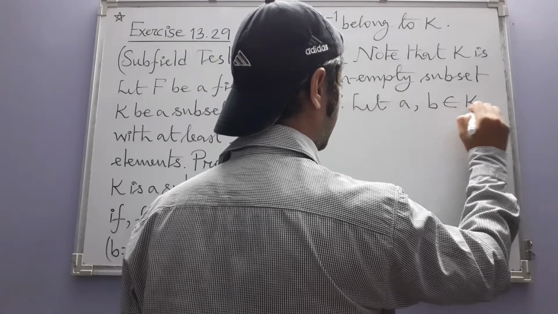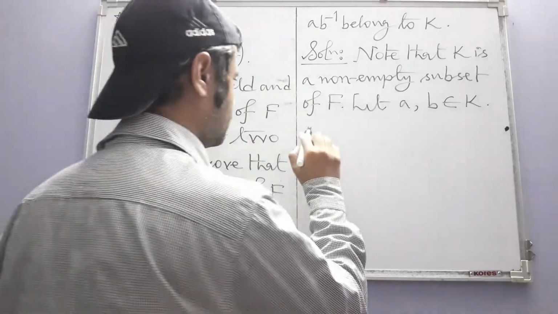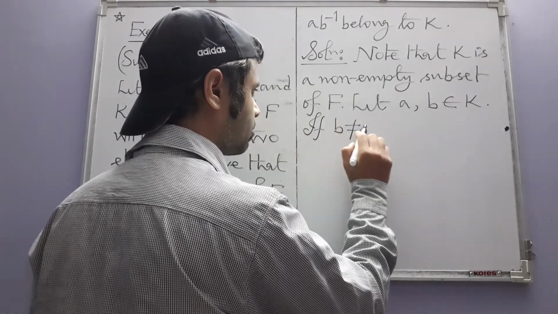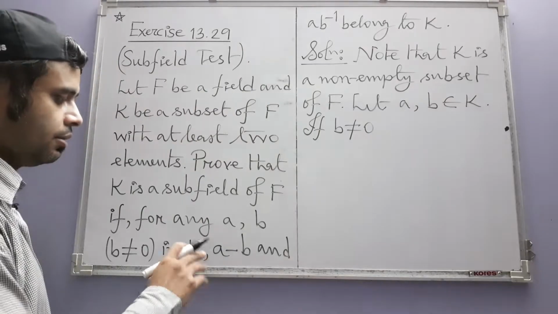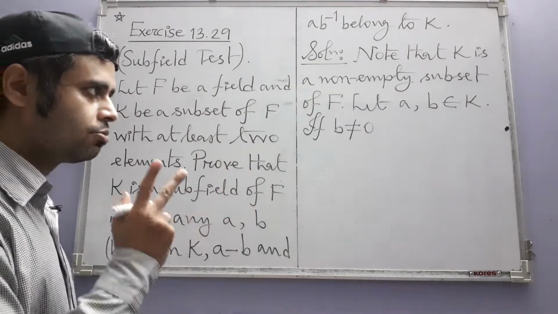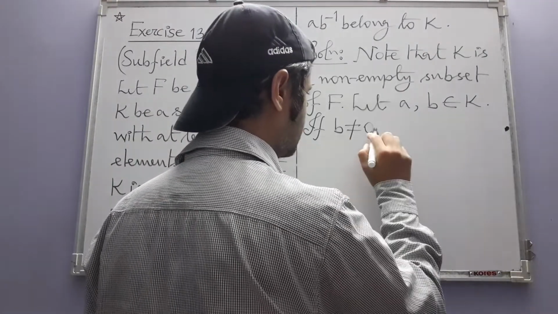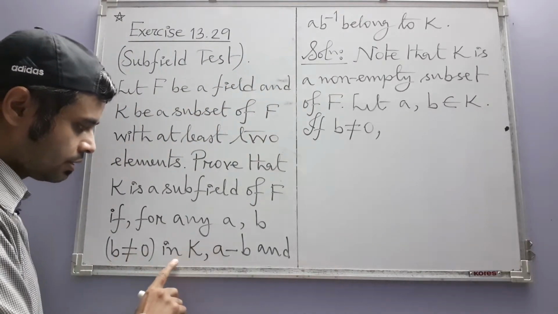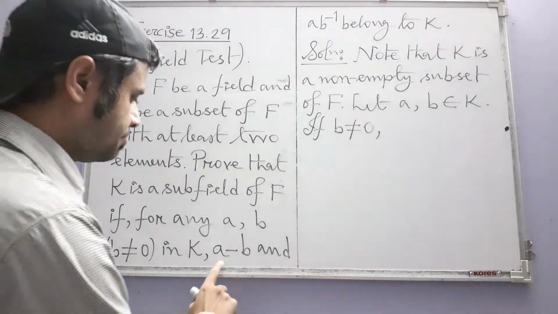Let A and B be any two elements in K. B may be non-zero, B may be zero also, and accordingly two cases will arise. So if B is non-zero, we assume this one first because this is the case where we have a ready-made hypothesis for us.